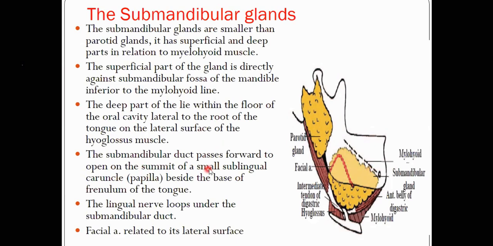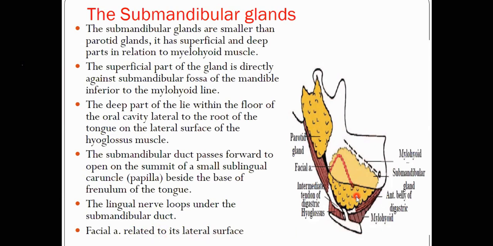The submandibular duct passes forward to open at the summit of a small submandibular papilla beside the base of the frenulum of the tongue. The lingual nerve loops under the submandibular duct, and the facial artery is related to its lateral surface.